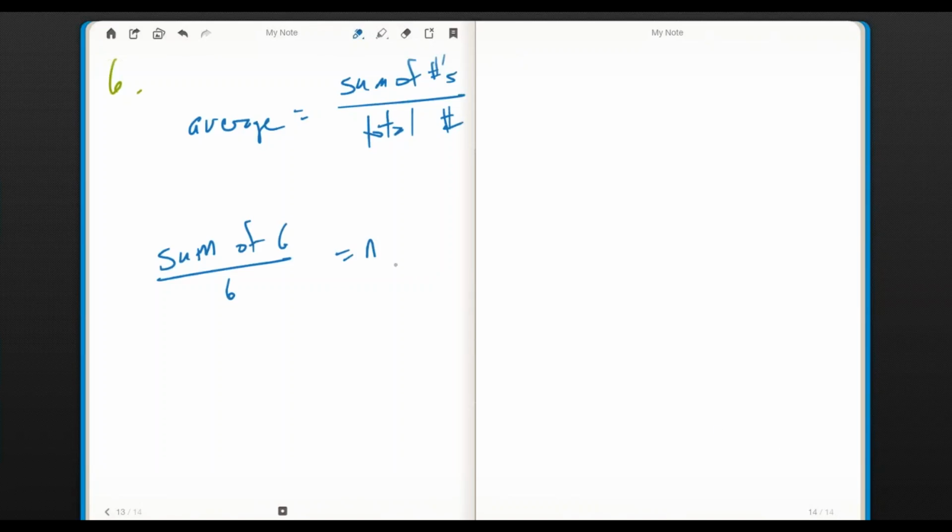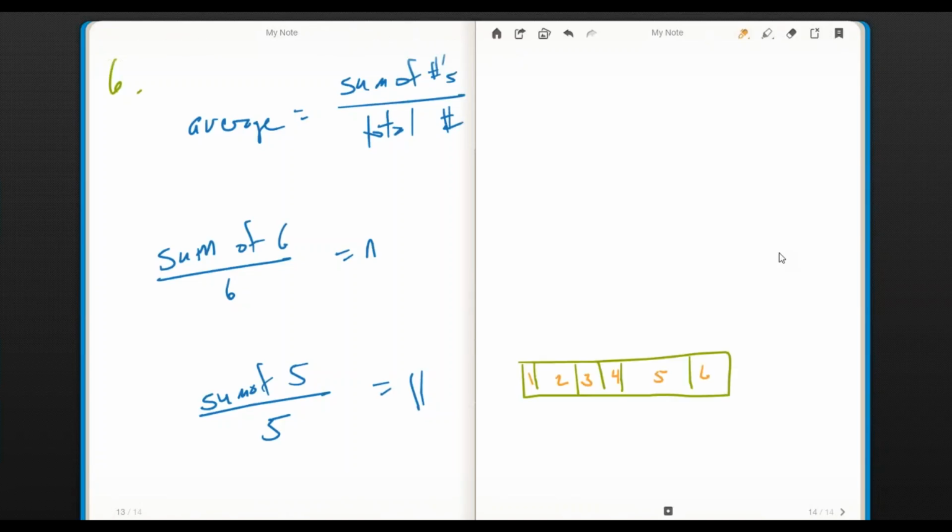Now, you're told that the average of the first 5 numbers, so sum of 5 divided by 5, is equal to 11. Then it wants to know the value of the 6th number in terms of n. What is this 6th number? Well, here's what we know from this. Again, we're going to keep it really, really concrete.